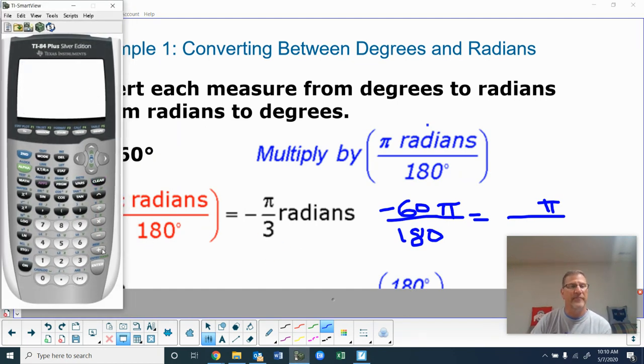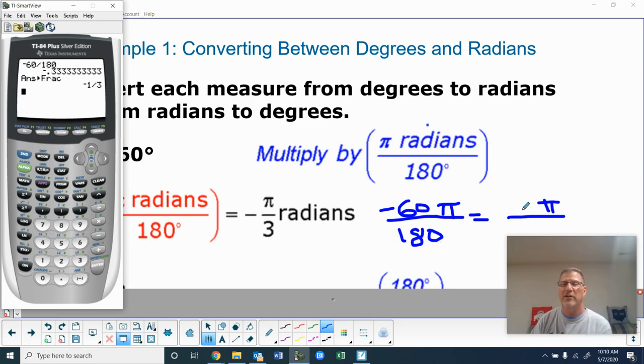So I clear that out. Negative 60 over 180. Hit your division sign for over. That gives you a decimal. We don't want the decimal, we want it as a fraction. So we hit our math button. Remember, that'll change it to a fraction. We hit enter twice.